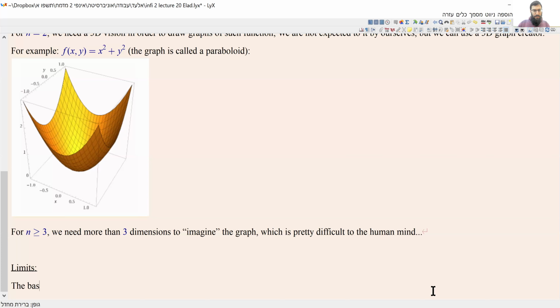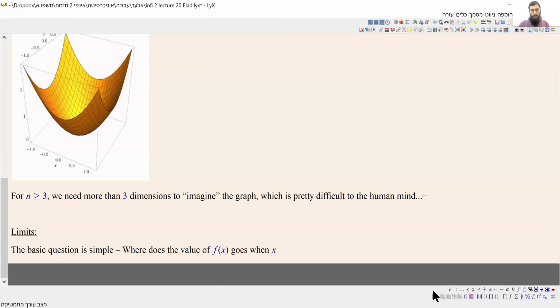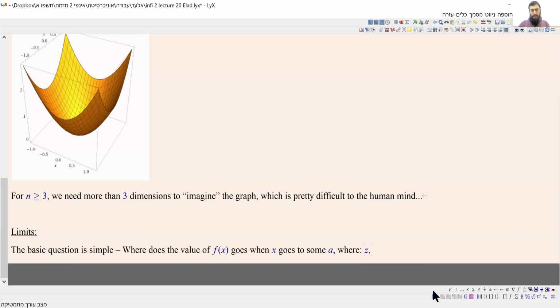The basic question is simple: where does the value of f(x) go when x goes to a, where x and a are vectors in Rn?